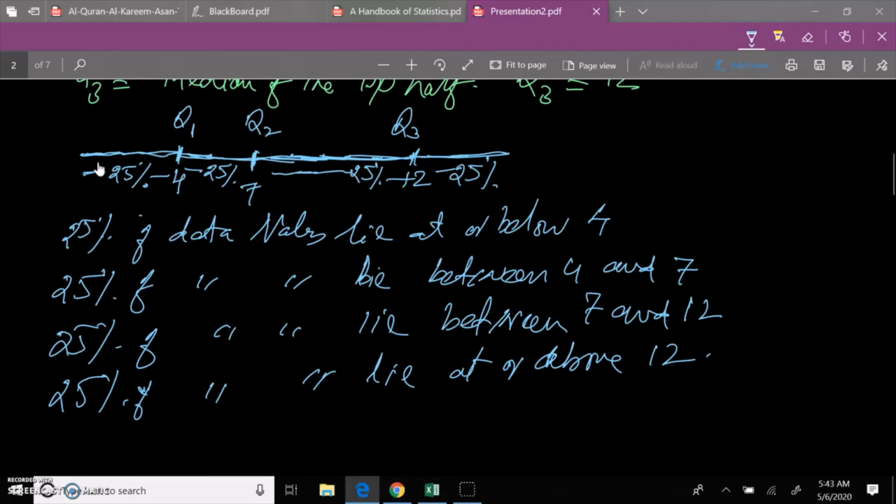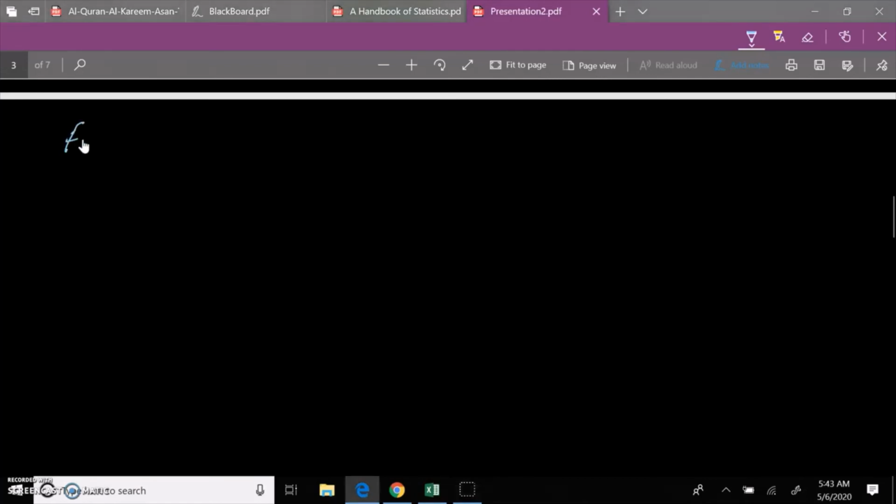So 25% of the values are here, 25% are here, this is the middle 25% of the data, and this is 25%, this is 25%. So that's the interpretation. Next, we want to find the 5 number summary.